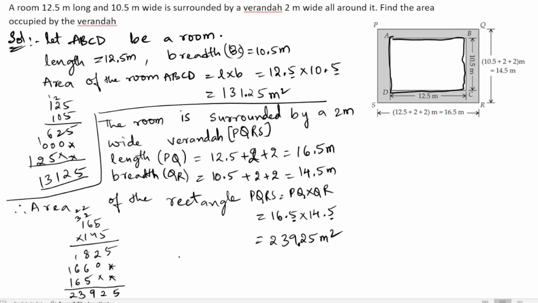Next, we have the areas of both the inner rectangle and the outer rectangle. So we can easily find the area of the veranda, that is, the area of the path.